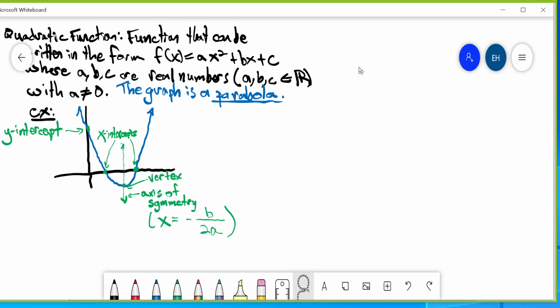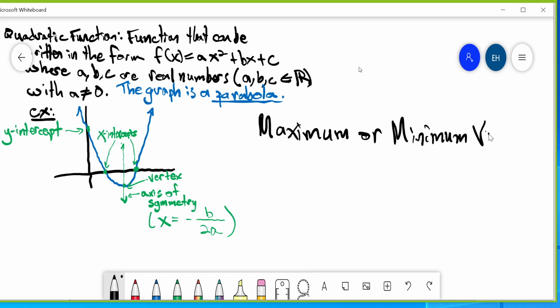Okay. Another important consideration, the maximum or the minimum. Does the parabola have a maximum or a minimum? The rule is if a is greater than 0, if a is positive, the parabola opens up.